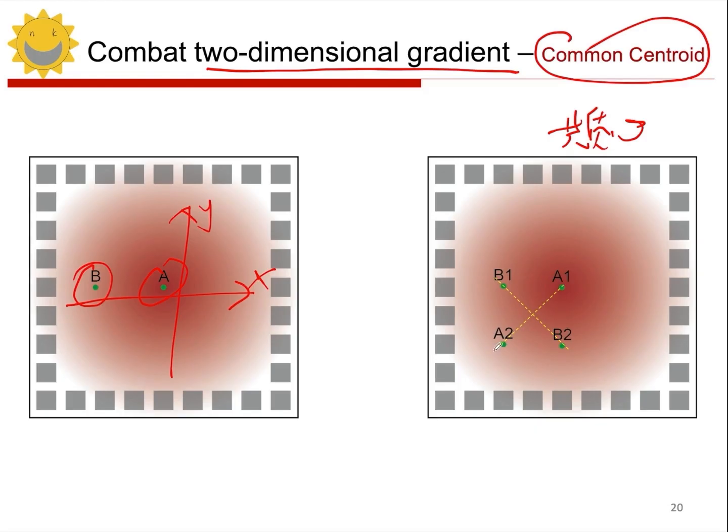This is A1 and this is A2. For B, we have B1 and B2. This is how we arrange them. After arranging them this way, we can see that the centroids of A and B are actually right here. Right? They're both here, so this way, the parameters of our combined devices, A and B, will all fall onto this point. This will make the two devices, A and B, even more consistent.